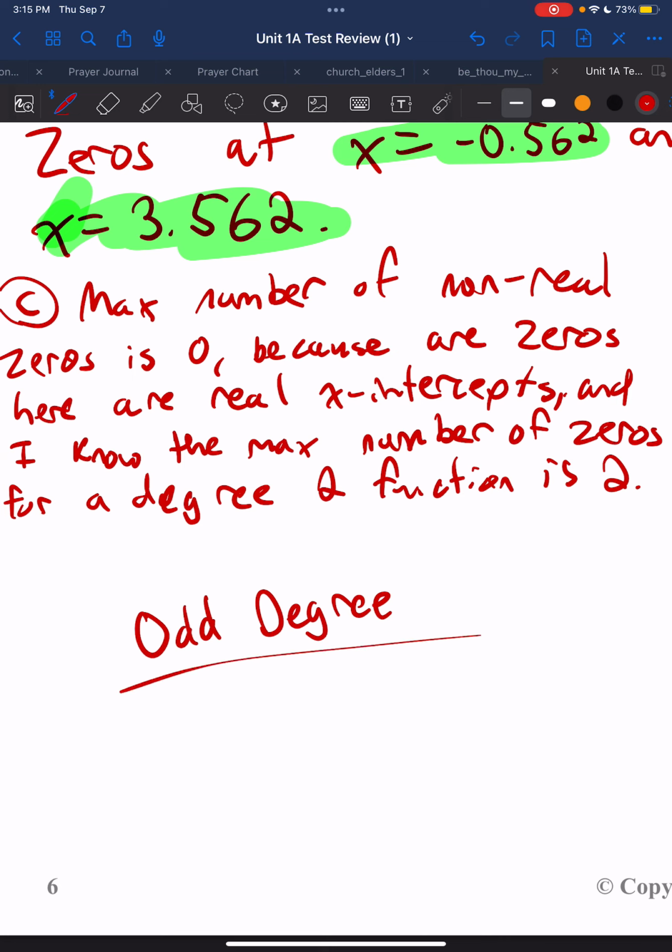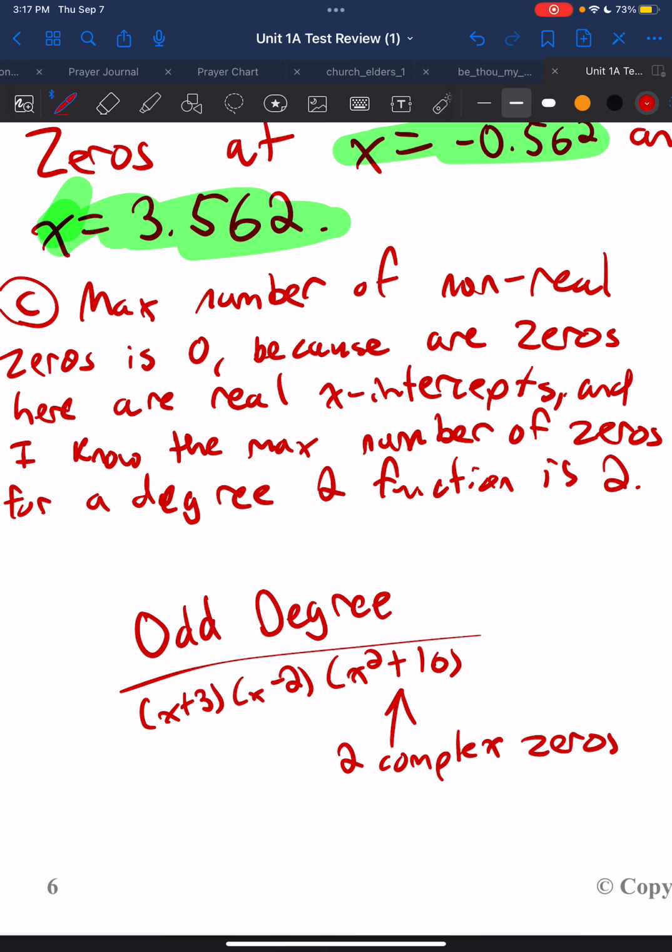You might see something like, if you factored it out, x plus 3, x minus 2, x squared plus 16. This right here is going to be 2 complex zeros. So be on the lookout for complex zeros, because there's a good chance that the one on the test, hint, hint, will have a complex zero.